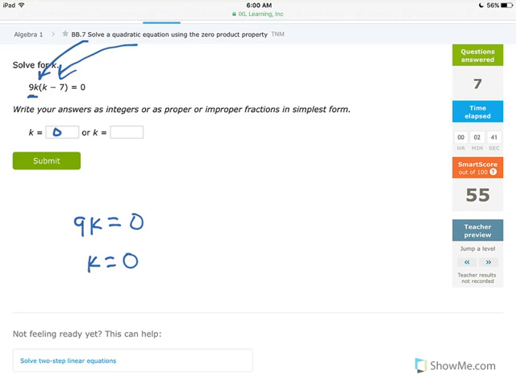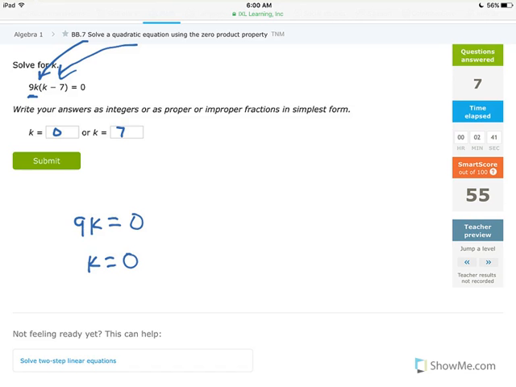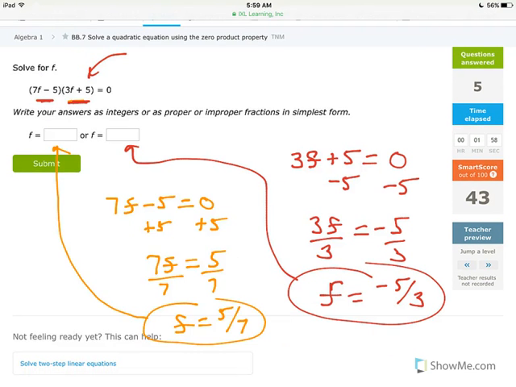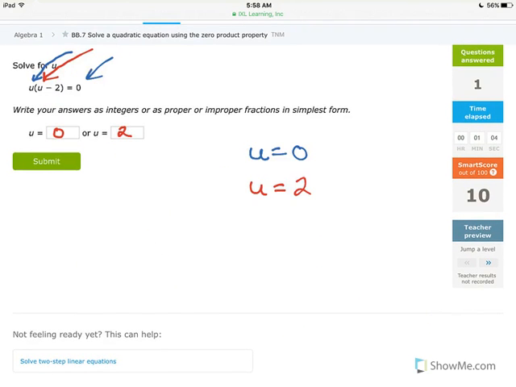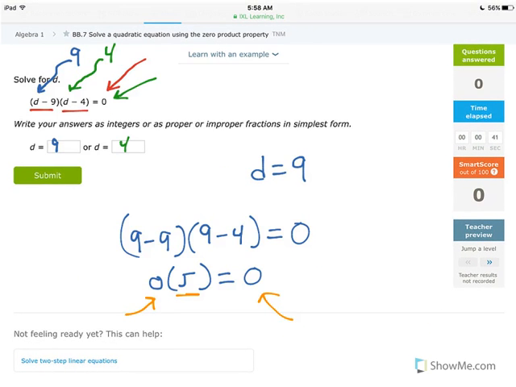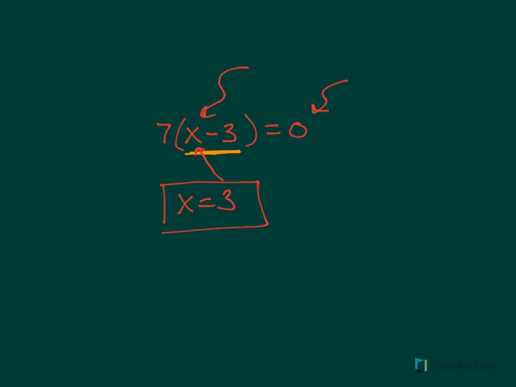K minus 7, how can that be 0? K would have to be 7, because 7 minus 7 is 0. And it looks like that is it for the examples. So you're basically looking to see how can all the individual factors be 0 so that the whole equation works out to be 0.